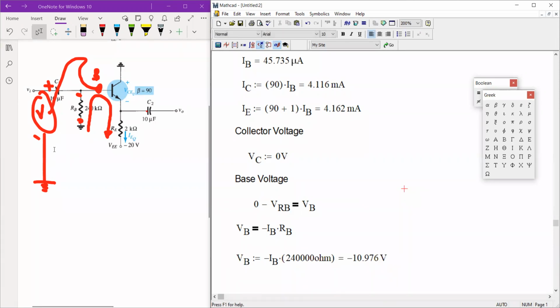You're expecting a voltage readout somewhere near negative 10.976 volts. So that's the base voltage.